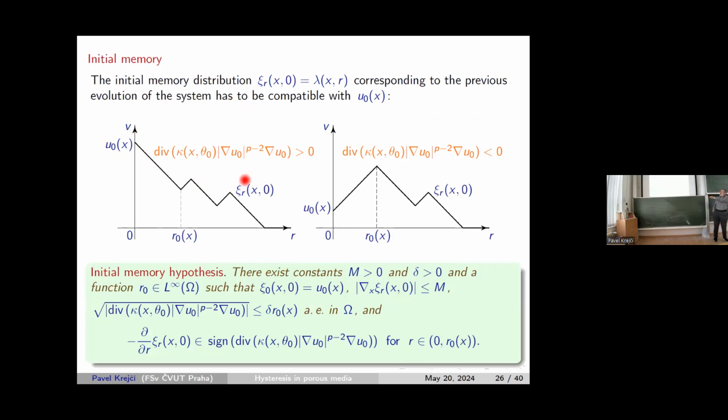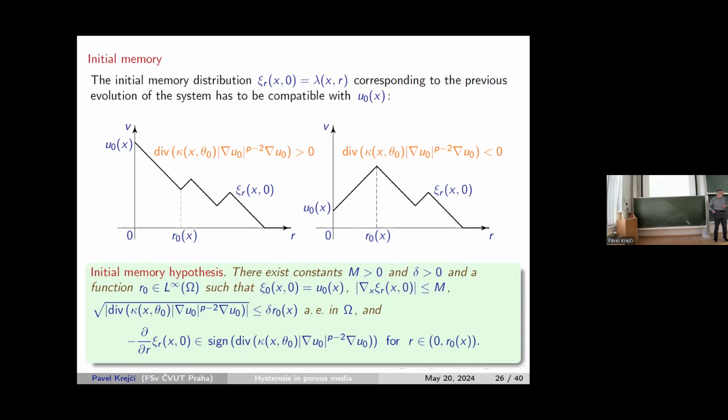So if the divergence of the flux is positive, there must be a part of the initial memory curve with slope -1, on an interval which is something like the square root of the divergence of the flux.